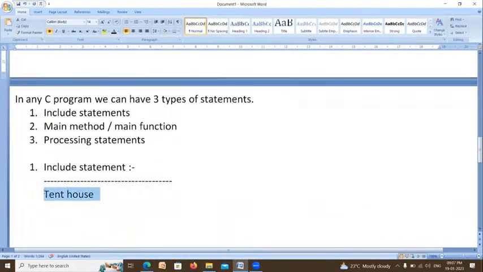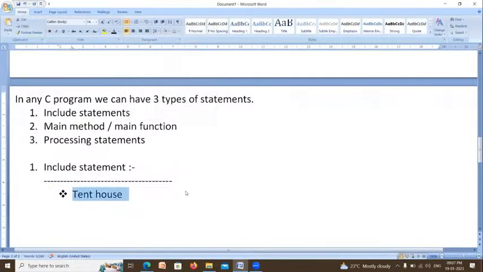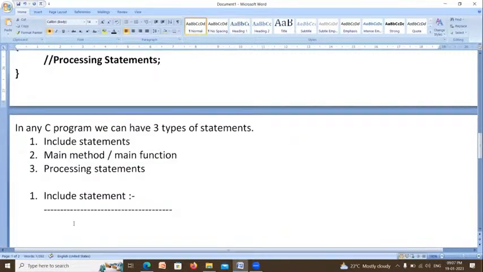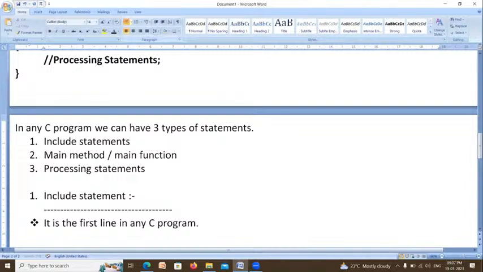Now tell me, what is include statement? Include statement you have to write at the top of the program. Means it is the first line in any C program. You have to write hash include stdio.h at top of the C program.